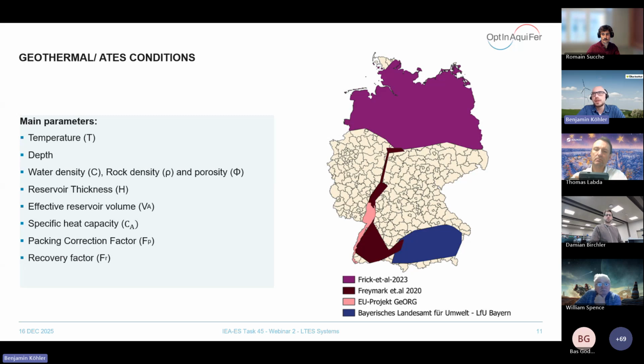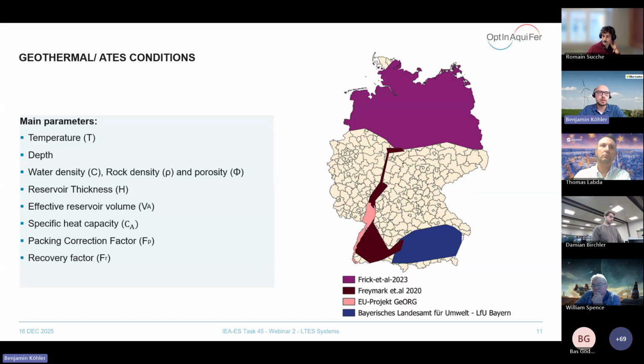The main parameters we assessed in the underground are, of course, the temperatures, the depth, the water density, rock densities, and porosity. The reservoir thicknesses, which is a major factor to see whether we could potentially find high enough volumes for the ATES.